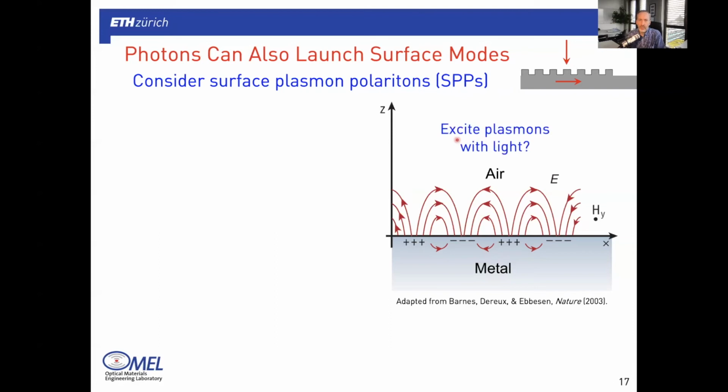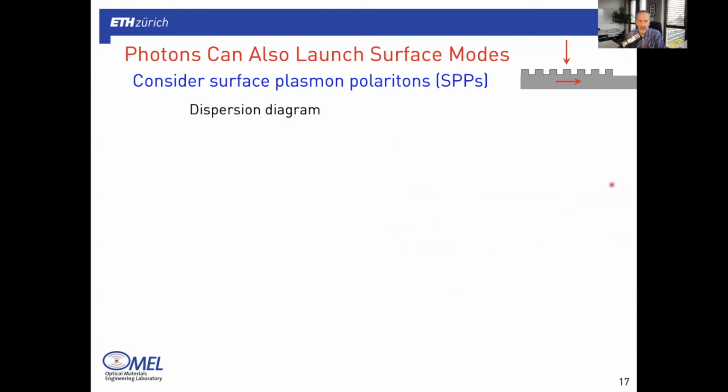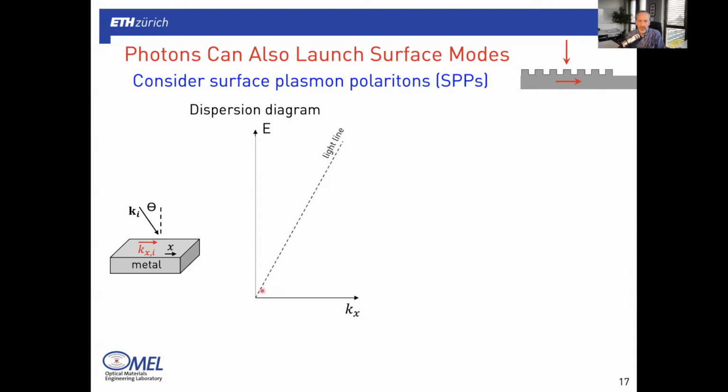The first question that we need to ask is, well, can we send light in and generate these surface plasmons on this interface? And to do this, we're going to start looking at dispersion diagrams, which are basically energy versus in-plane momentum or in-plane wave vector. And if we have a flat metal interface and we imagine sending photons in at some input angle theta, then this photon will give a certain amount of in-plane momentum to the interface, and the maximum amount that it can have can be defined by the so-called light line.